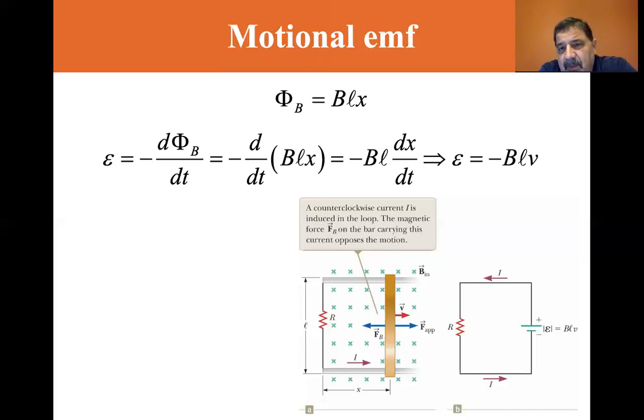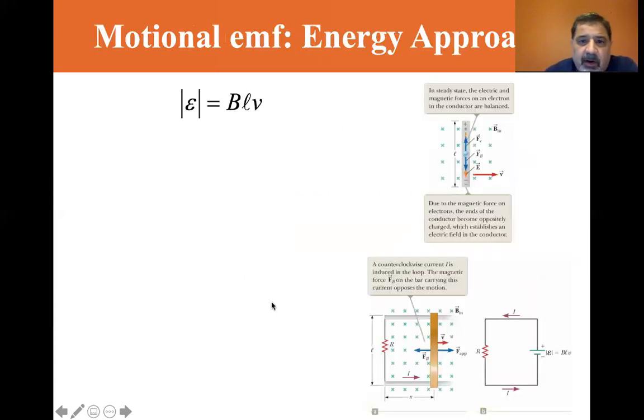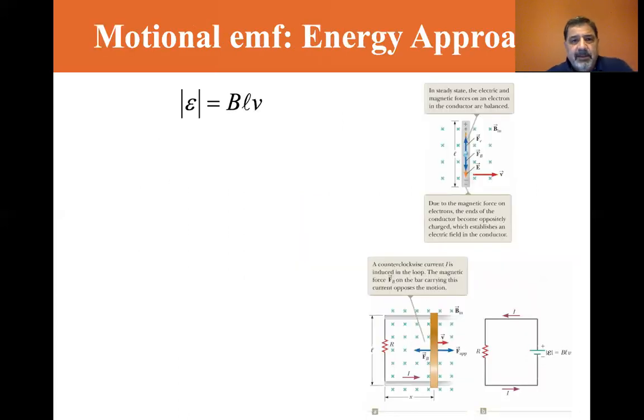So the induced EMF is equal to minus BLV, times the velocity. Okay, and so the current is equal to the induced EMF divided by R. You can see the R is here in the circuit, is equal to BLV over R. I jumped the gun there. Okay, so E is equal to BLV.